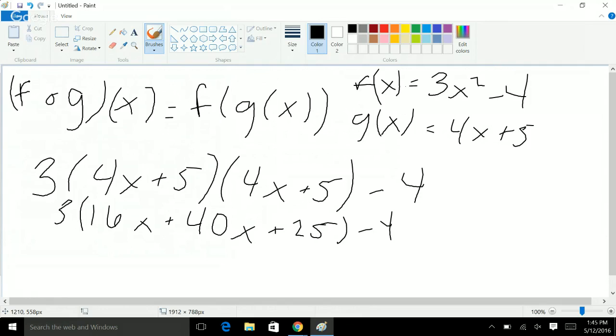And now we distribute the 3, which would be 48x squared plus 120x. And 3 times 25 minus 4, that would be 3 times 21, which is 63. And that would be your answer. That is all for composition of functions.